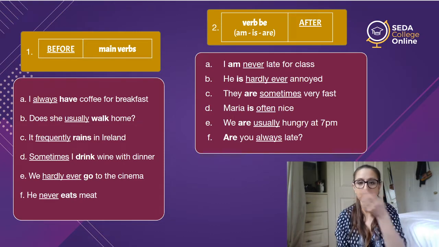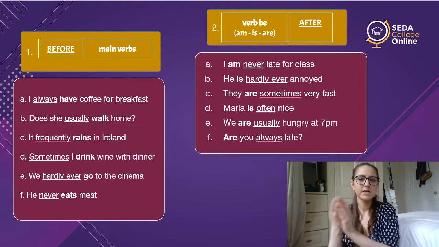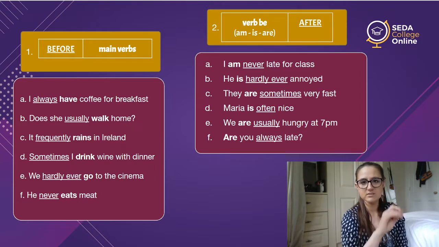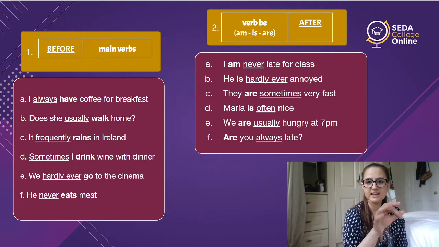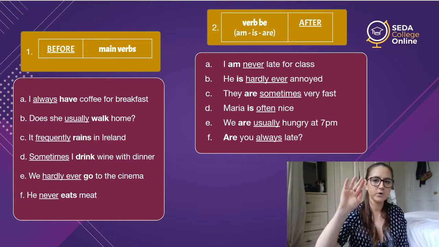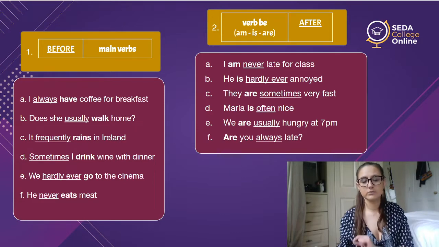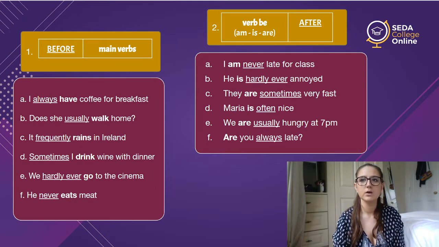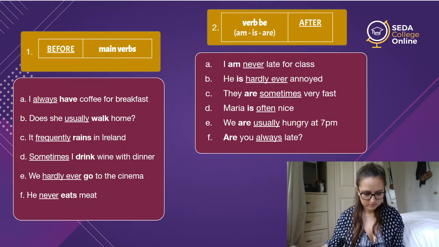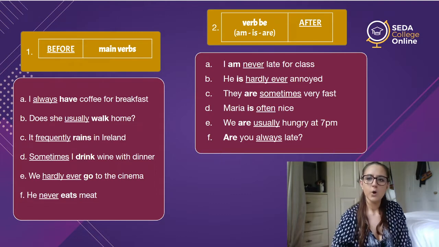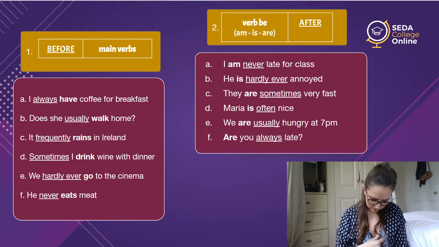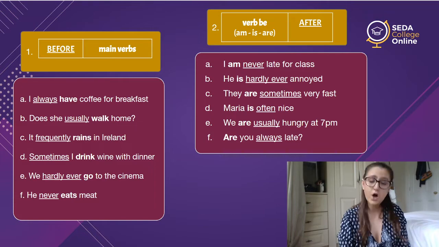But even though it's before, in "are you always late?" the adverb of frequency goes after. Hope you had time to take your notes, my friends, because we need to go. We have exercises to do.